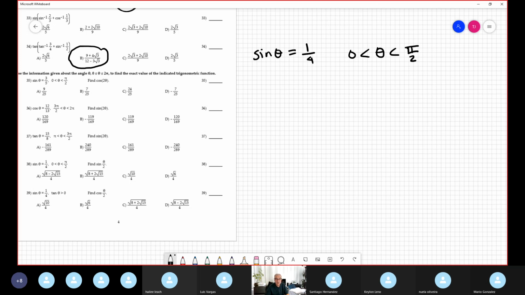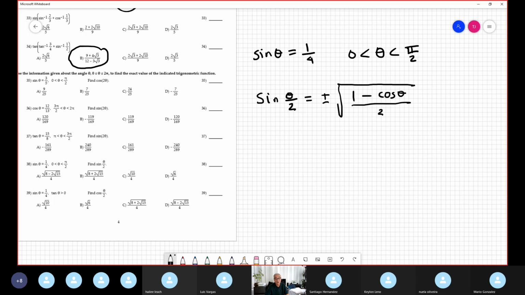I need to find sine of the half angle. Entonces the formula for the half angle is plus or minus the square root of (1 minus cosine theta) divided by 2. And the challenge is what sign you are using, plus or minus.